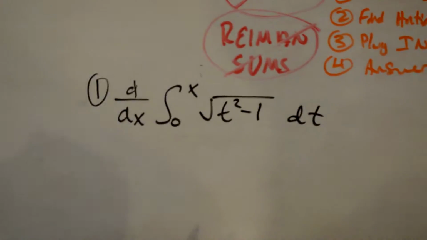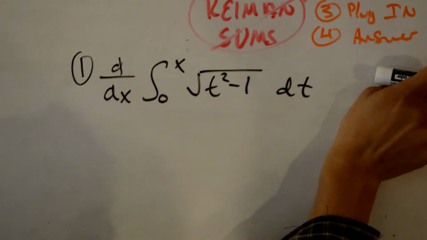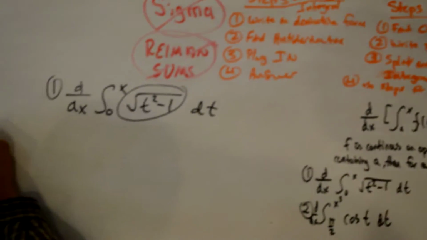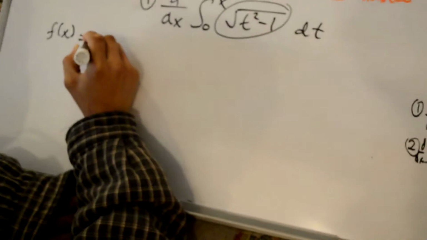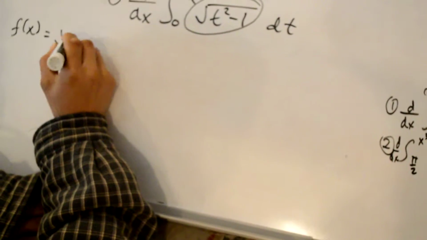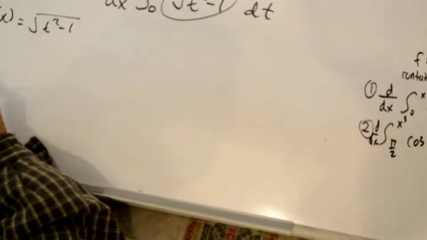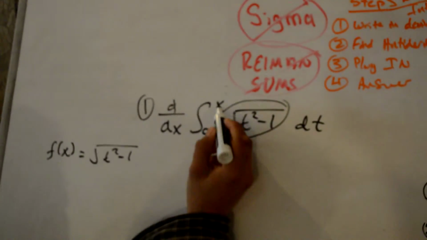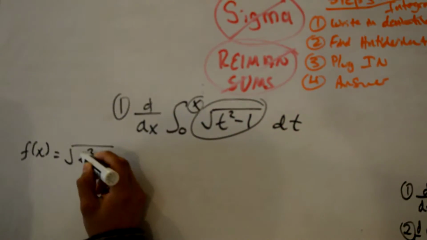Okay. So we're just going to use this, remember? This is our function, that's the same thing as this, and our x value is x. So all I'm going to do is plug in x for t.